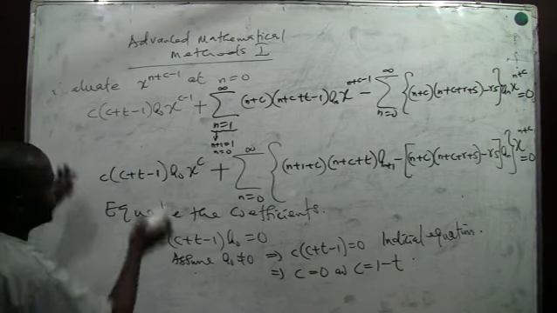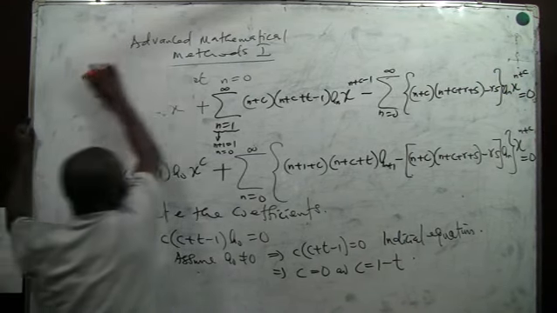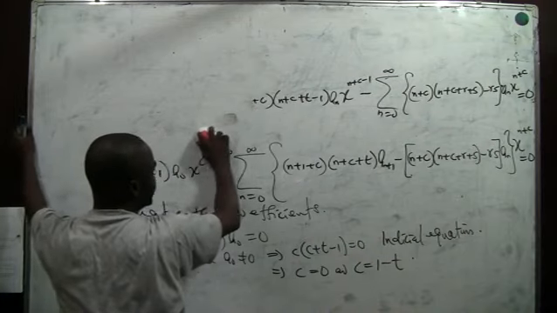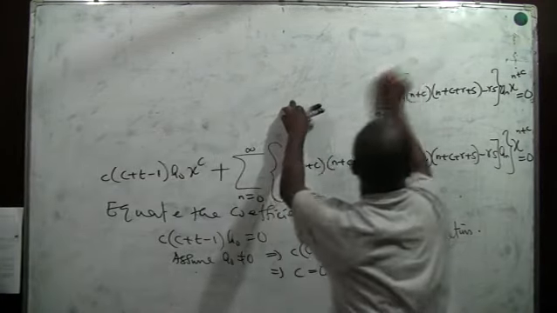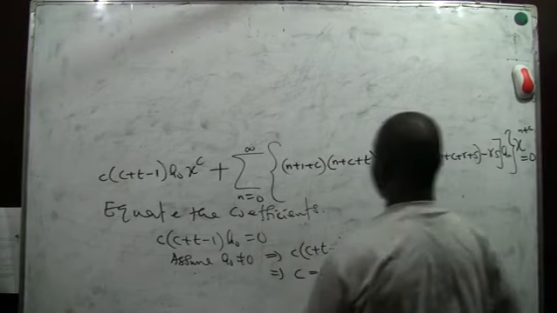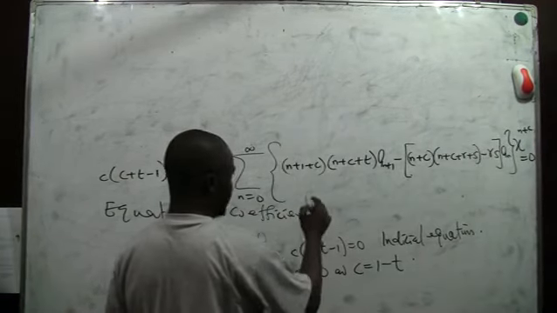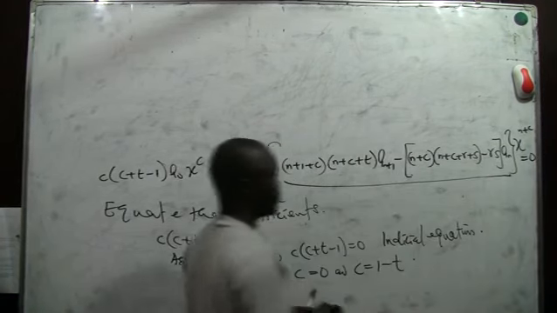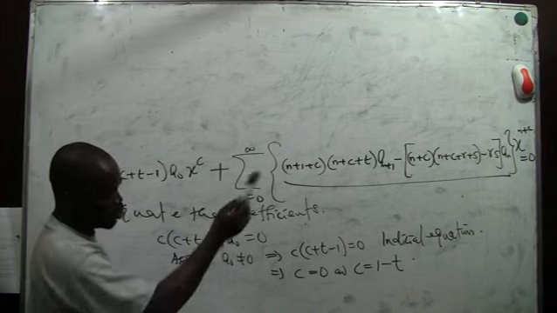Having obtained that, we will also consider the remaining coefficients. The remaining coefficients is the whole of this bracket. That's our coefficient, so we equate that also to 0.